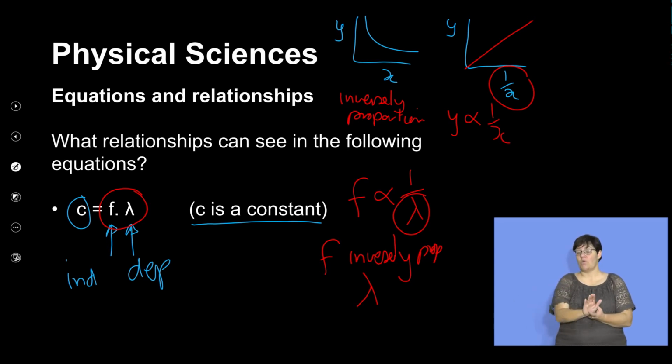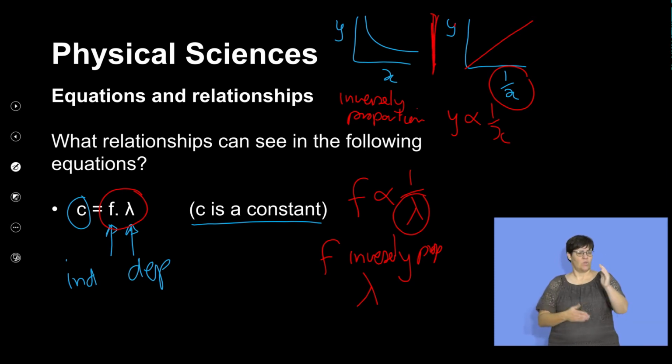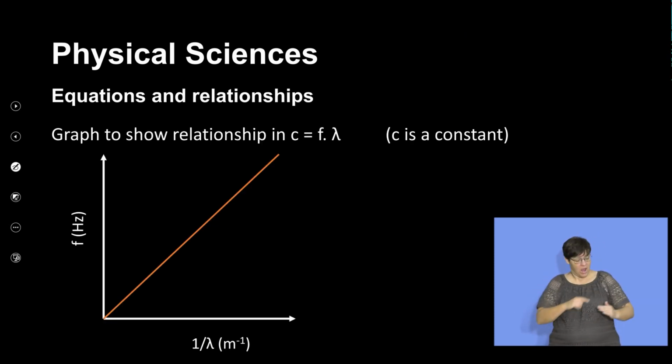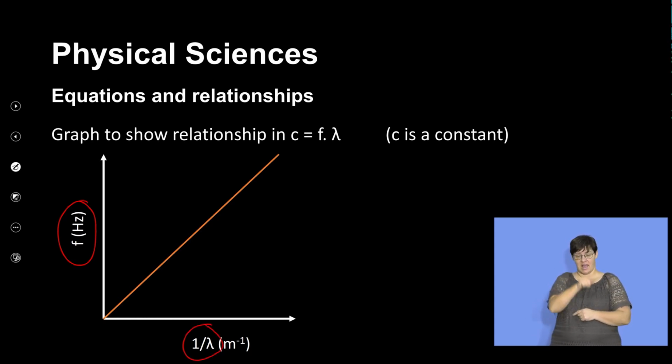If we want to show that on the graph though, please make sure that you've got your graph sorted out. We're wanting a graph that looks like this one. We're wanting a straight line graph to confirm our relationship. And so look what I've got here. I've got the dependent variable, the f, and I've got 1 over lambda over there.